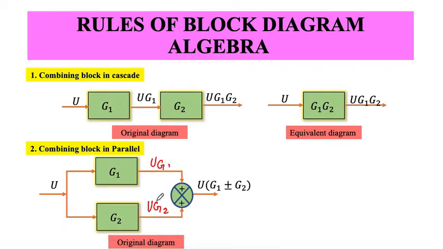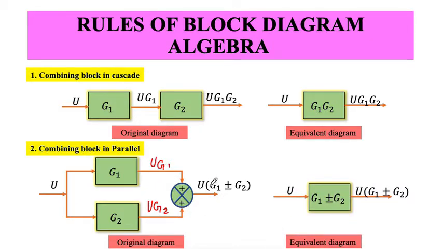This is very straightforward, and the equivalent representation can be u times g1 plus or minus g2. Here there is a minus sign also. So it will be g1 minus g2, or g1 plus g2, depending upon what sign we are taking.